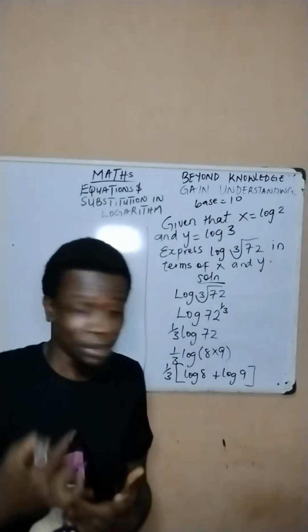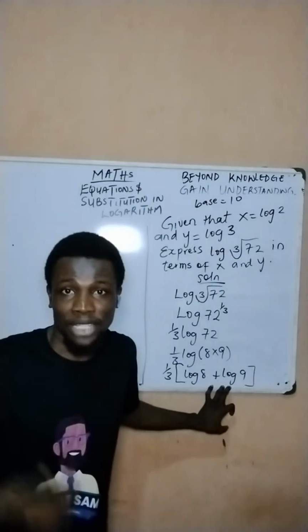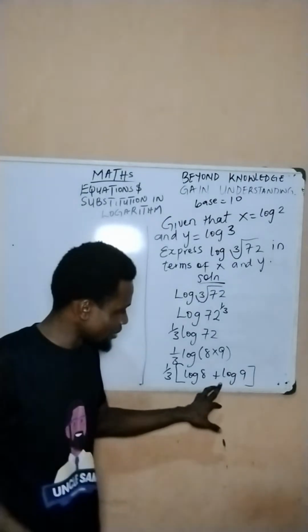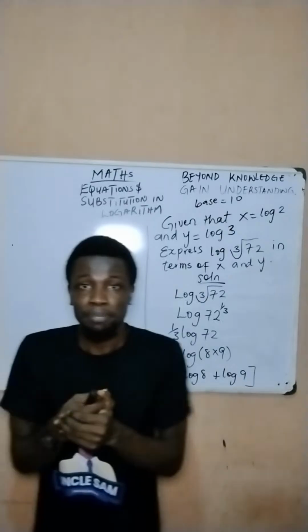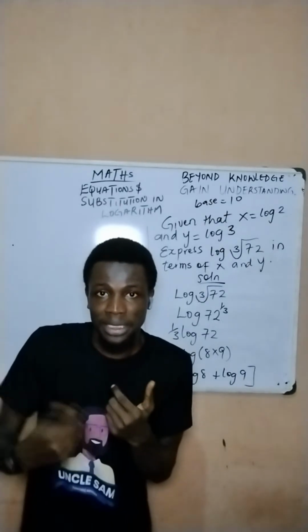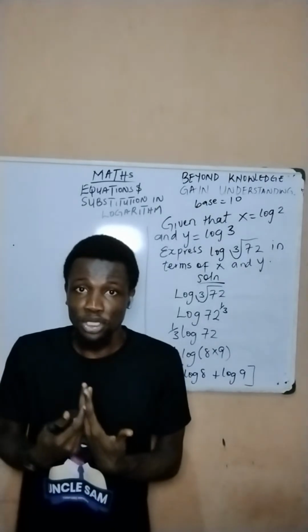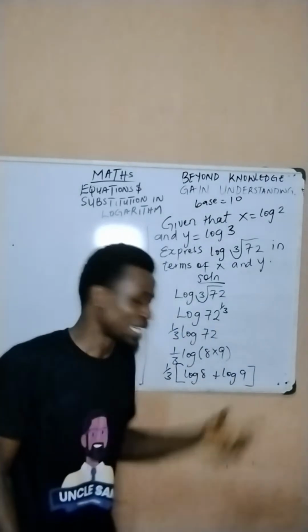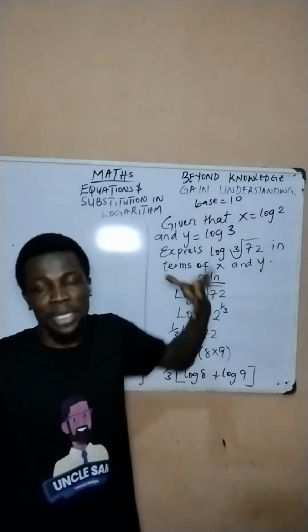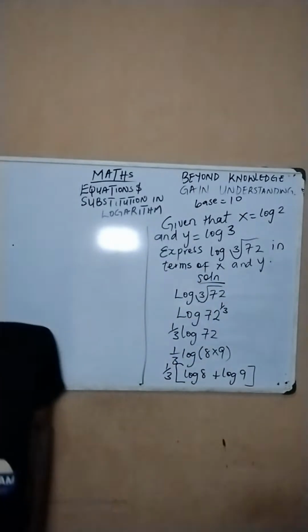We're working backward because this is where it all started according to the basic law of logarithm. If I have addition of the log, it simply means take the base, provided that the base is common, because here the base of each of them is still the base of what? 10. Since the base is common, multiply the log, 8 times 9. So we're working our way backward. That is basically what is happening here.